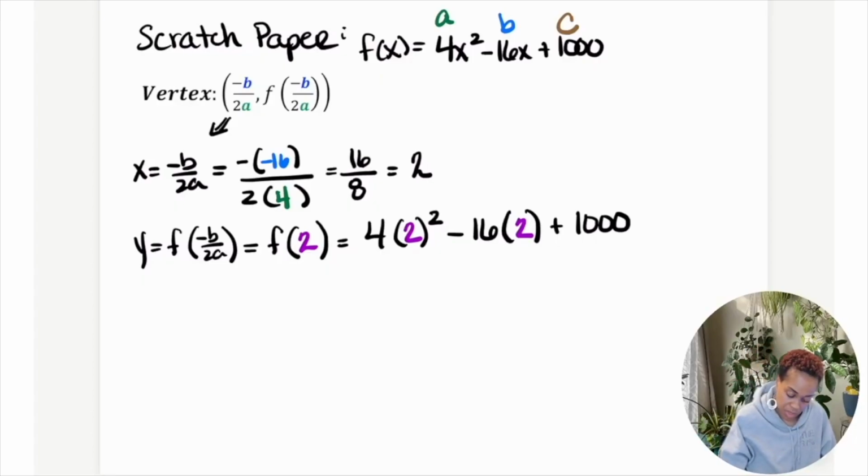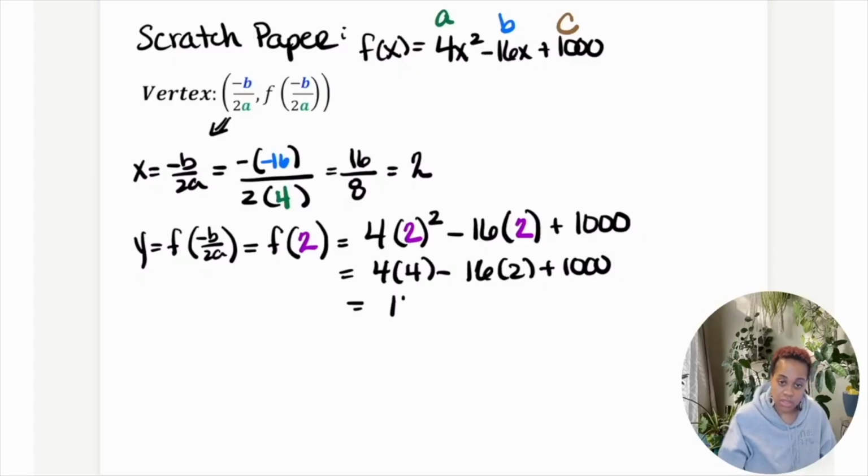So then this becomes 4 times 4, right? Minus, well, I'll keep writing it. 16 times 2 plus 1,000, okay? And then this is going to be what? 16 minus 32 plus 1,000. And then 16 minus 32 should be a minus 16, right?